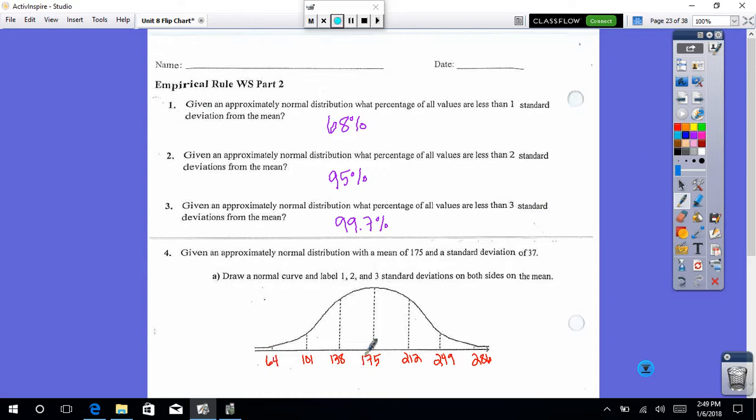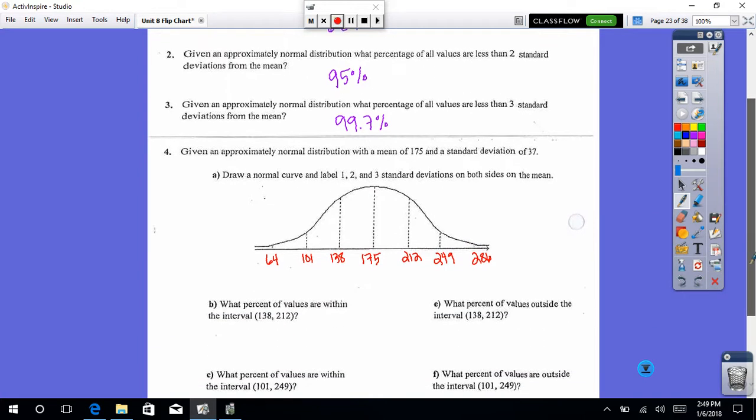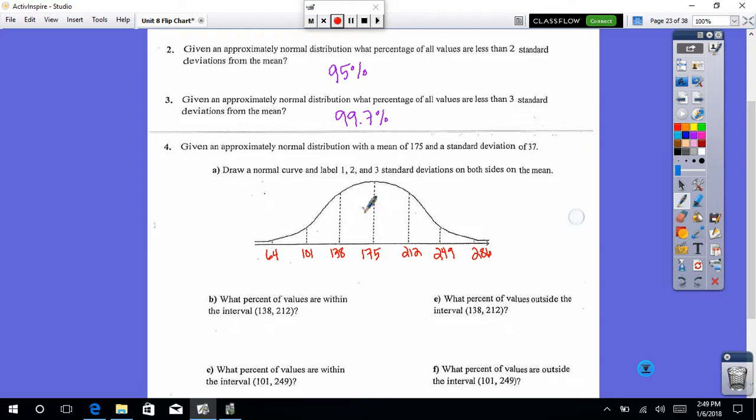Set up my mean, set up my standard deviation, and we are going to fill in our percentages so I can easily answer these questions down here.